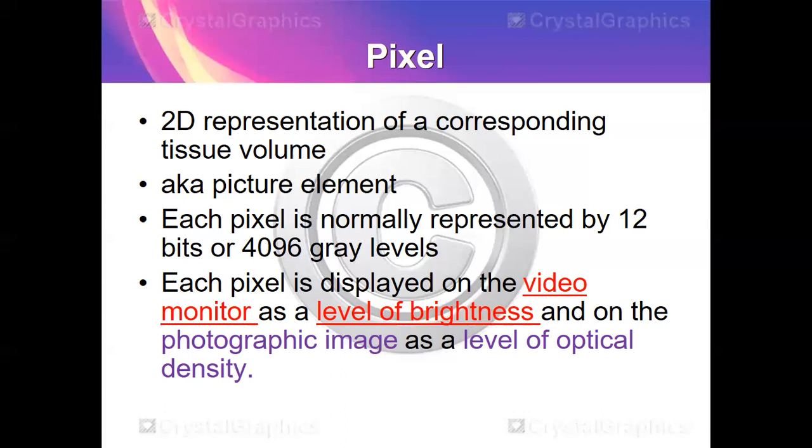So take note, on the video monitor it is a level of brightness, but on a radiograph or photographic image, the pixel is displayed as a level of blackness or optical density.